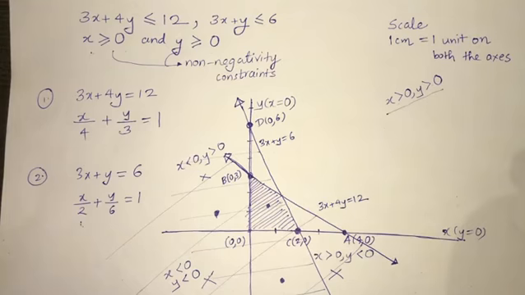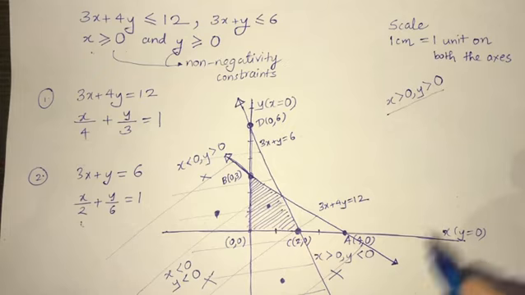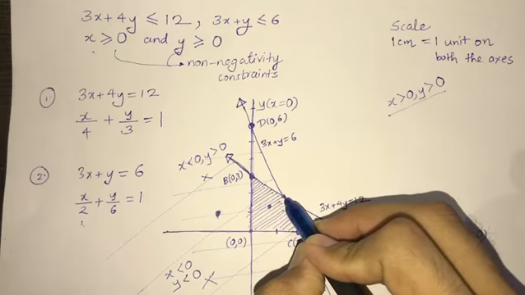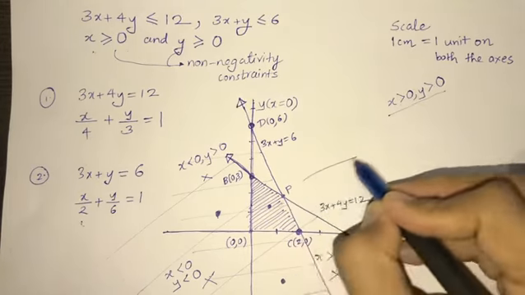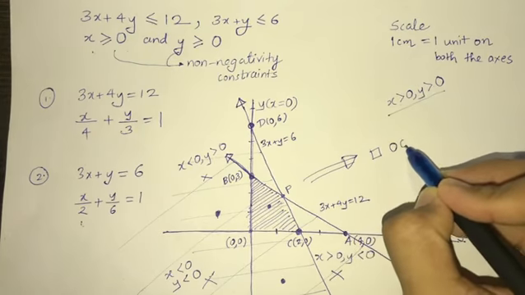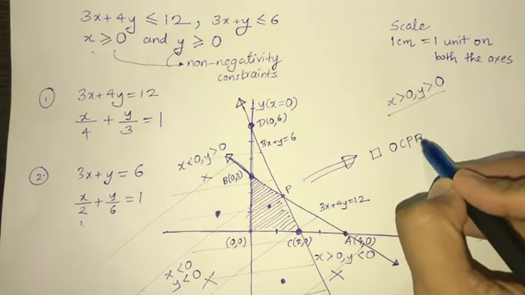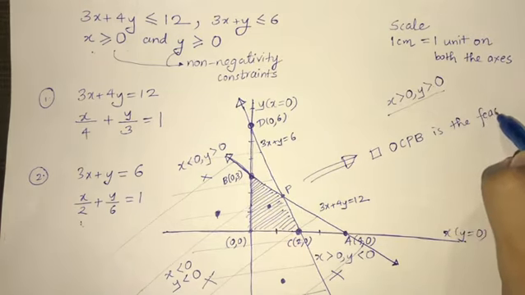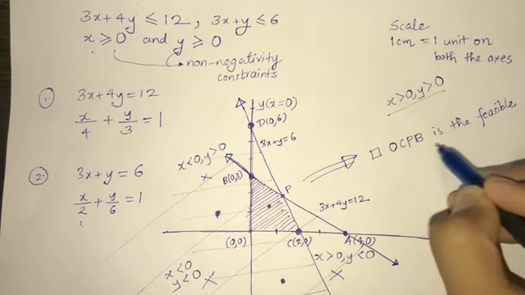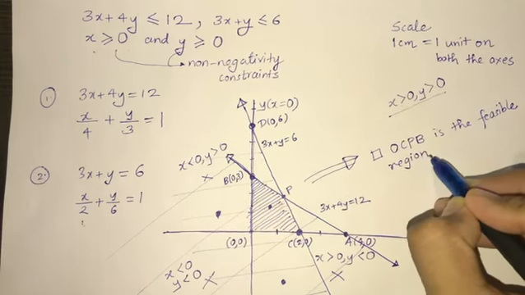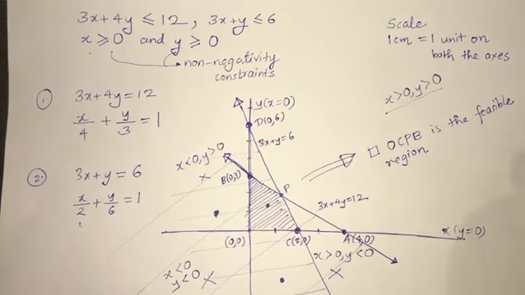Okay. So the points which I have in this quadrilateral OCPB is the feasible region.